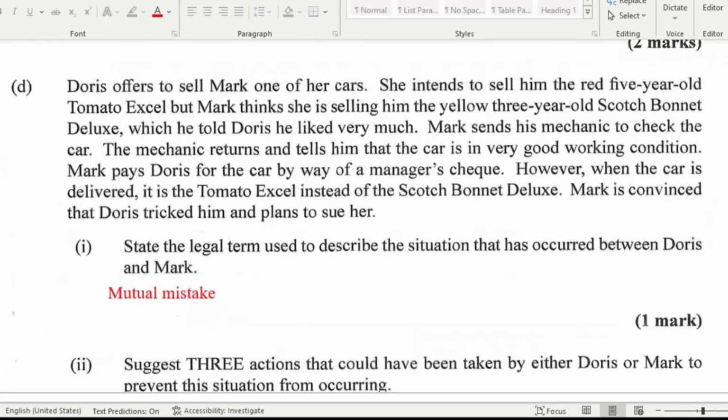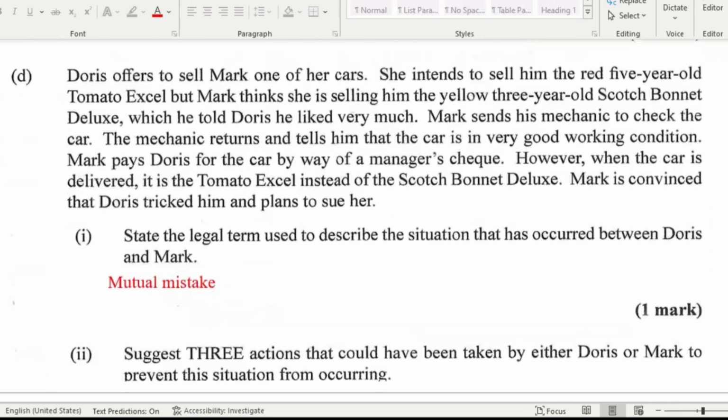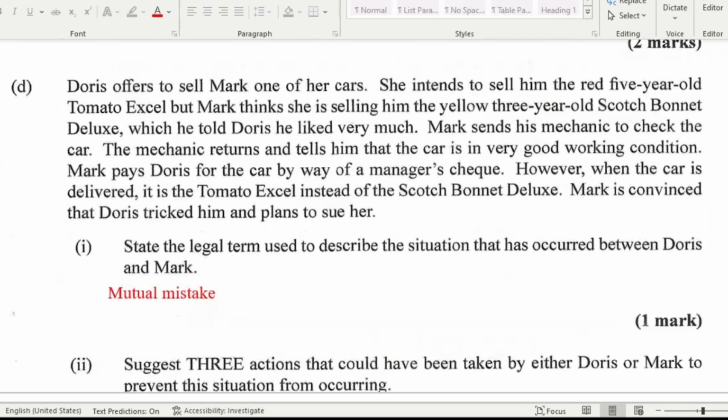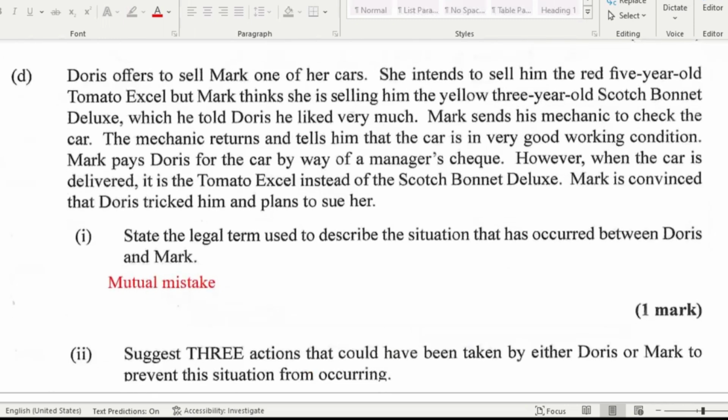It is a mutual mistake. Okay? So let's look at the next part of the question. It says, suggest 3 actions that could have been taken by either Doris or Mark to prevent this situation from occurring.